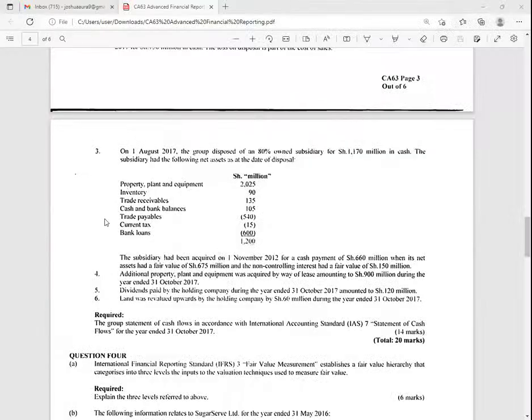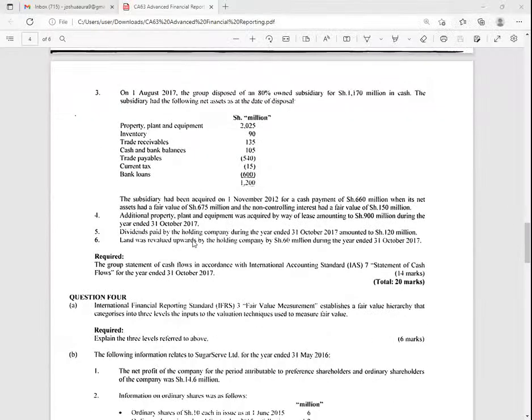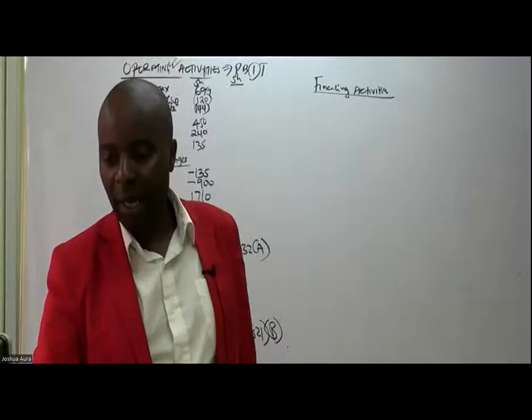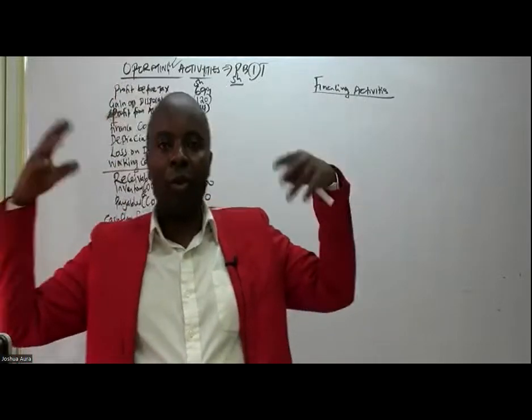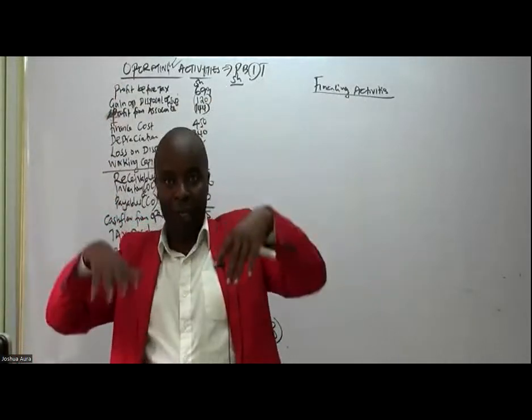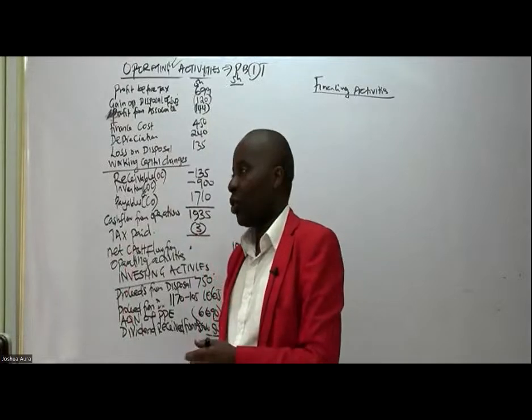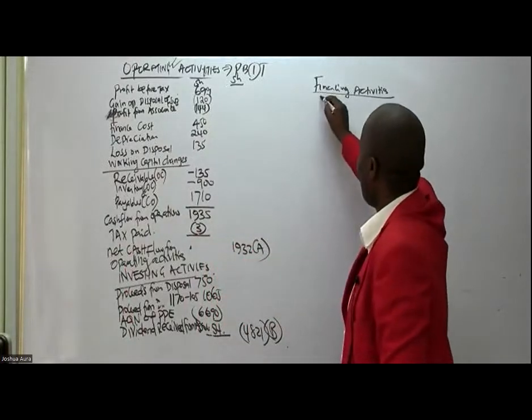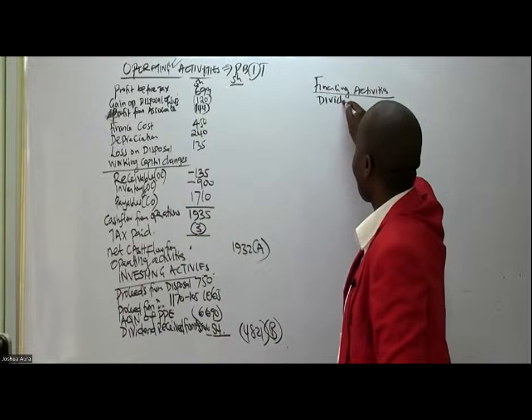We have here note number 5, dividends paid by the holding company during the year. This holding company, of course, is the head of the group. It has its own owners, shareholders, so it paid. Remember, these are group cash flow statements.